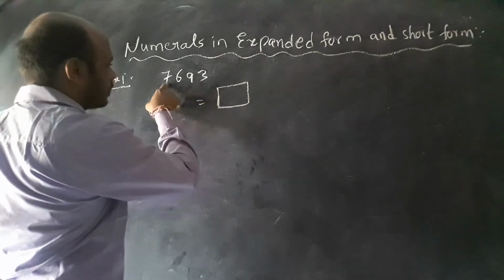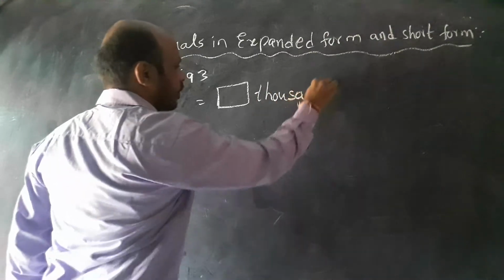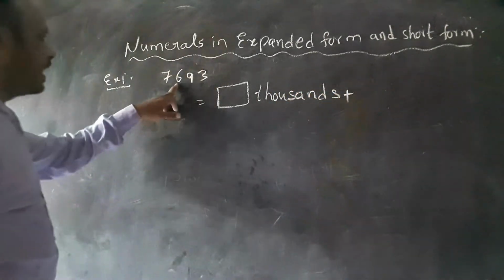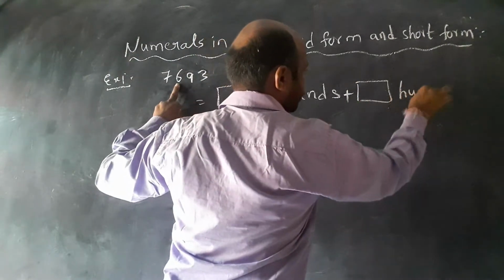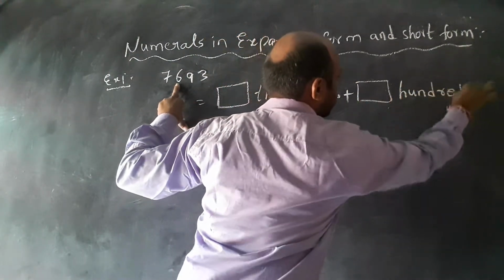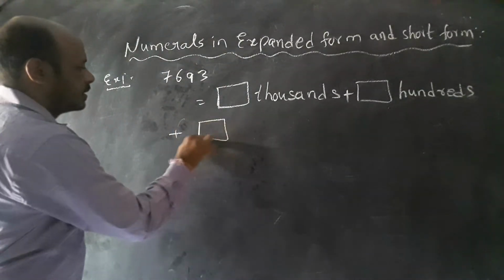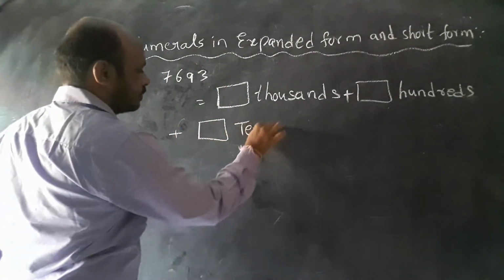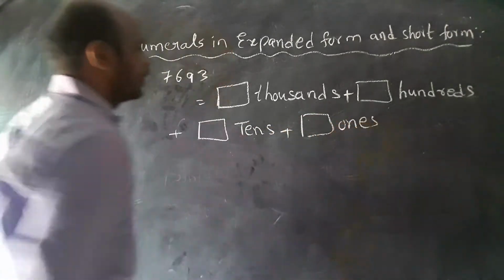First place value is thousands, plus next one is hundreds, then next one plus tens, plus next one is ones. Okay.